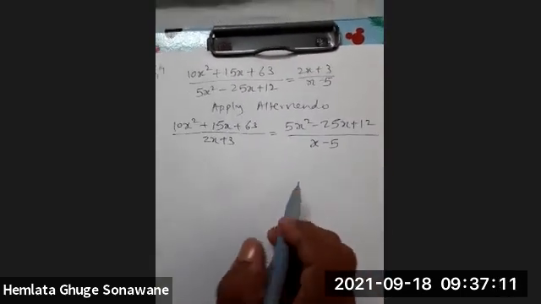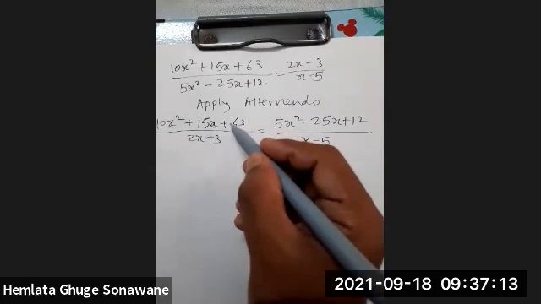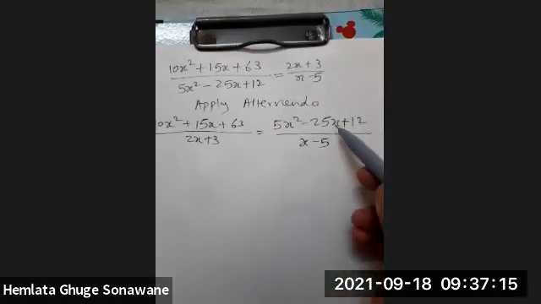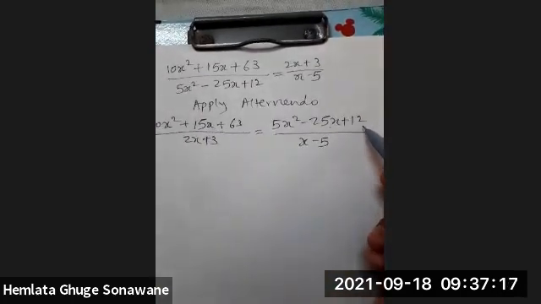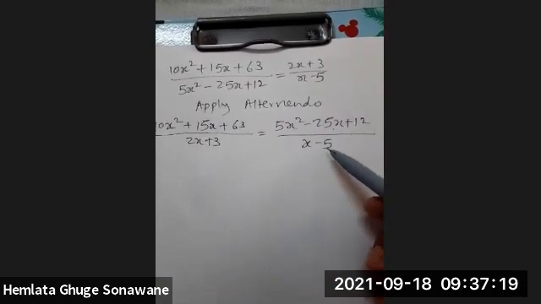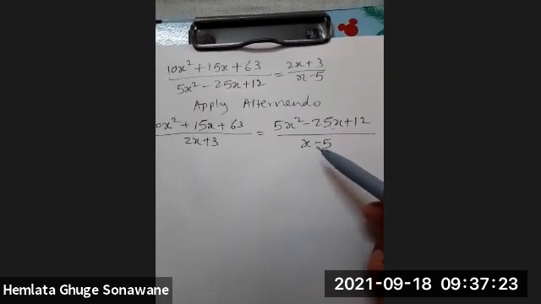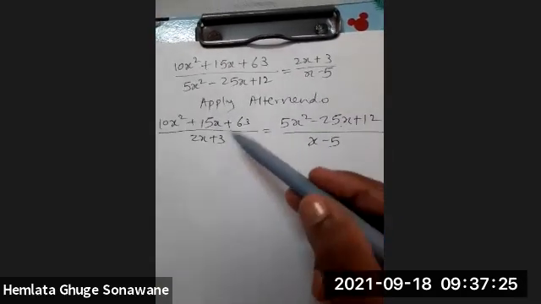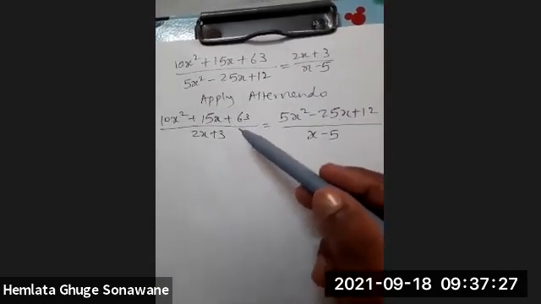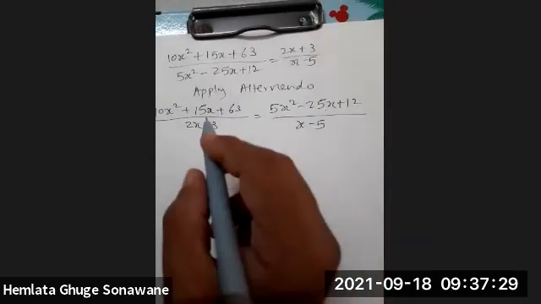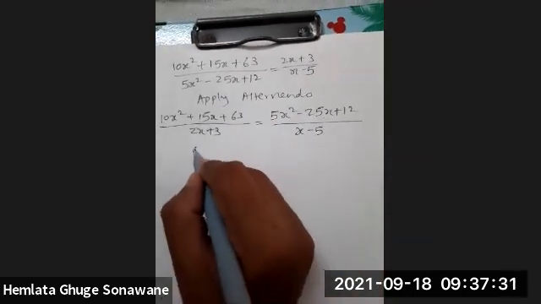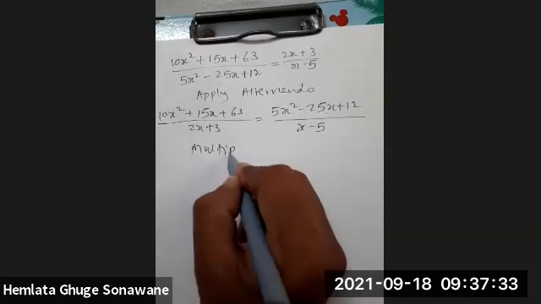Now here we can see 15x plus 63 and 25x plus 12. If we multiply both sides by 1 upon 5x, then we'll get somewhat like terms here.